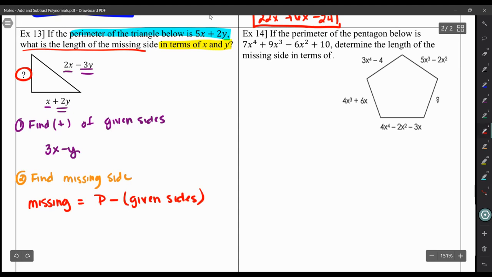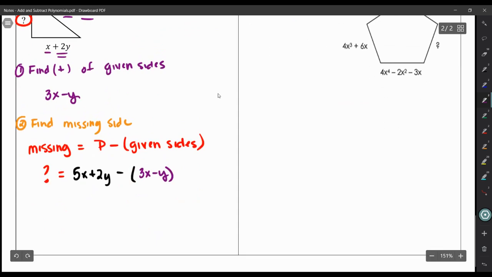So let's see. The missing side, I'm going to put question mark, is equal to the perimeter, which they gave me as 5x plus 2y, minus, and then my given sides that I found earlier in step 1 is 3x minus y. So we need to simplify this to find out the value of that missing side. So distribute out the negative. So this is negative 3x.